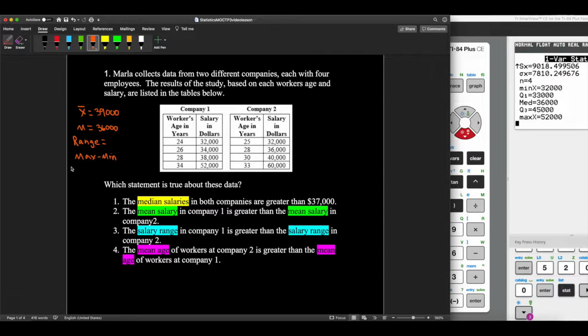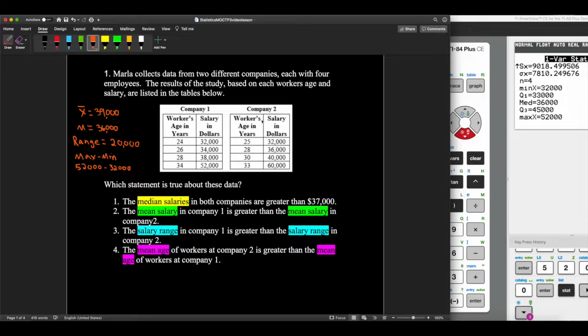Okay, the max, 52,000, minus the min, 32,000. Our range is 20,000. And I have to write it slow because this thing gets a little crazy. Okay, that is the first set.